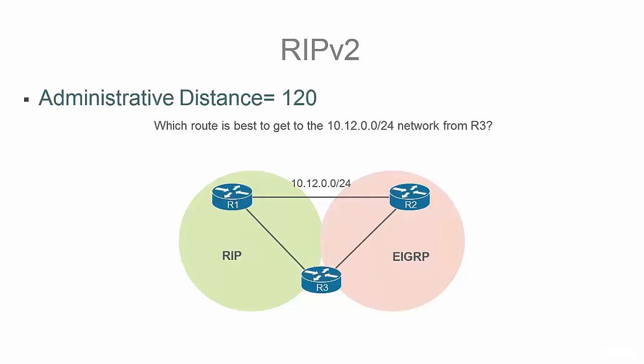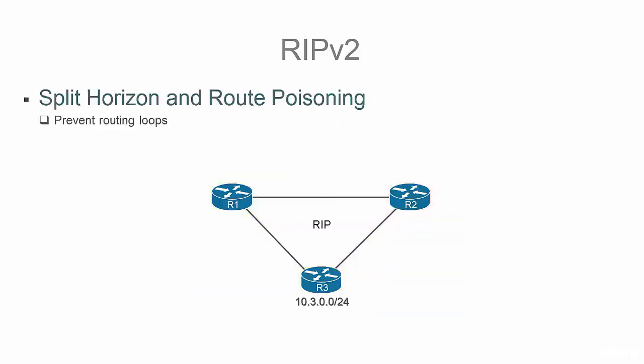And the tiebreaker between both route advertisements from the 2 different routing protocols will be the administrative distance, which, of course, RIP has the higher administrative distance compared to EIGRP's AD of 90, so R3 would choose the EIGRP path since its administrative distance is lower than the RIP routing protocol, because the lower administrative distance is considered to be the preferred routed path. RIP version 2 uses split horizon and route poisoning to prevent routing loops.